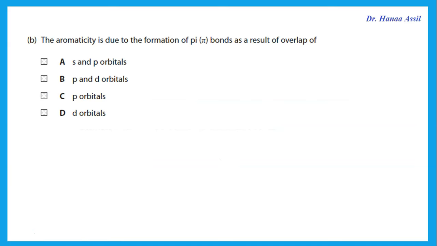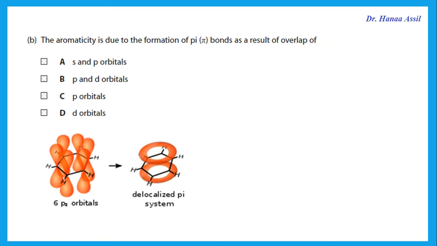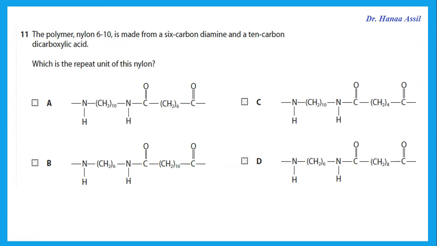The aromaticity is due to the formation of pi bonds as a result of overlap of which orbitals? Remember that in the benzene ring the electrons that are delocalized are the electrons in the p orbital, so that they are delocalized over all the carbon atoms, and that forms the cloud of delocalized pi system.